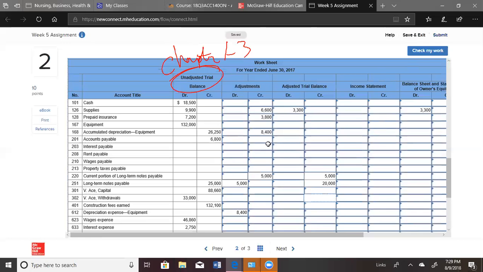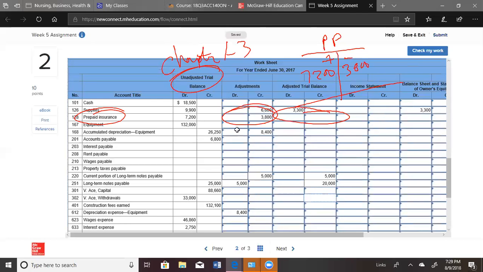So tell me what the balance of this is supposed to be. What's the balance of prepaid insurance now? That is $7,200. Okay, so then you have an adjustment. And then you're going to subtract this from this. Yeah. Right? Yep, because prepaid insurance is a plus minus. So 7,200 minus 3,800. I can't do it off the top of my head right now. My head's just been in too many places.